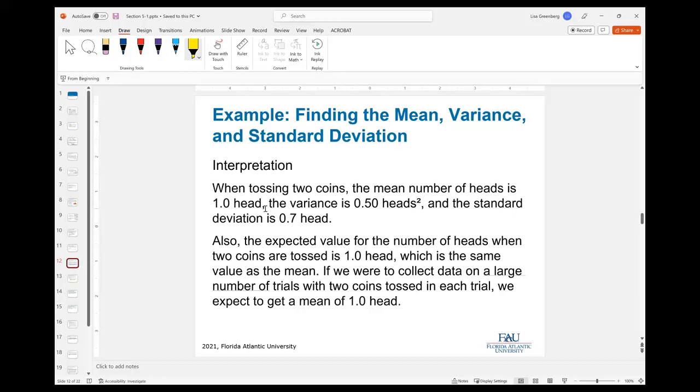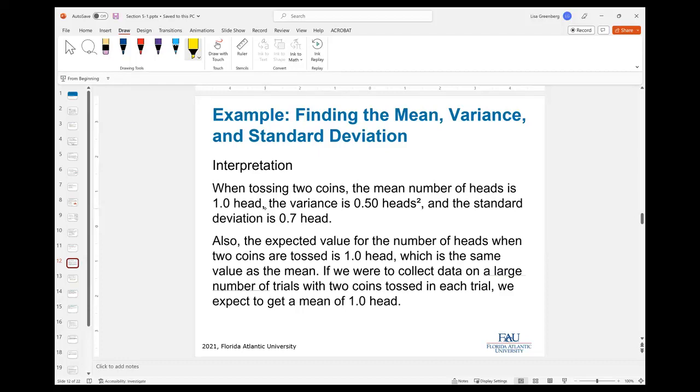That's the average, the mean. The variance is 0.5 heads squared, because remember, the variance was the value squared. So that's why I get heads squared. And the standard deviation, we got 0.707. And here we have 0.7. So they rounded it to 1 decimal.